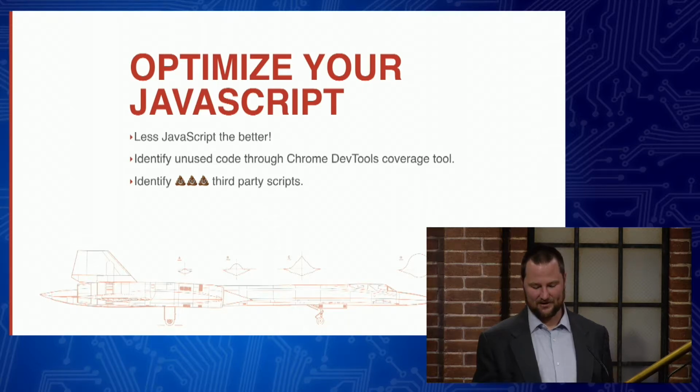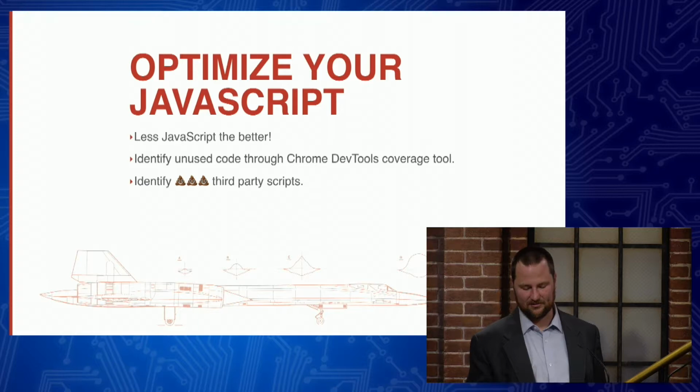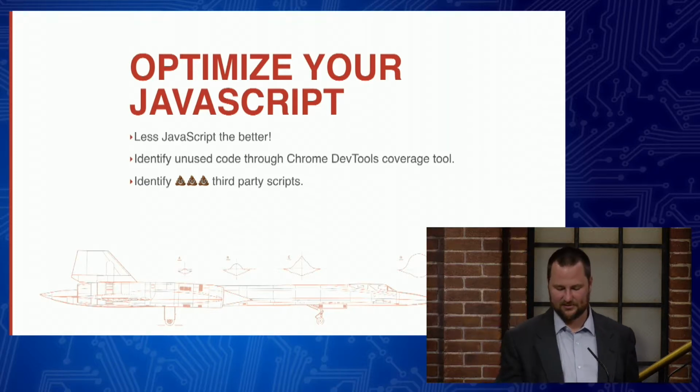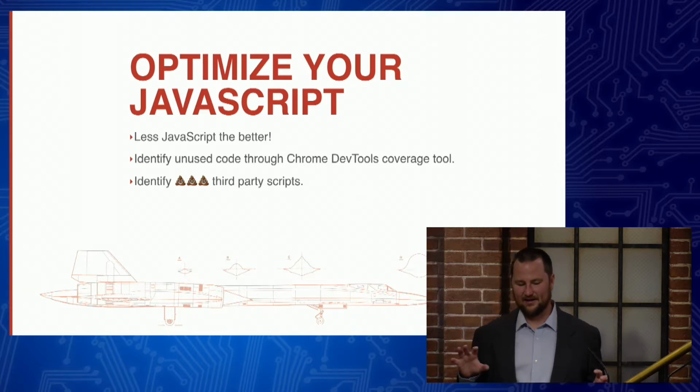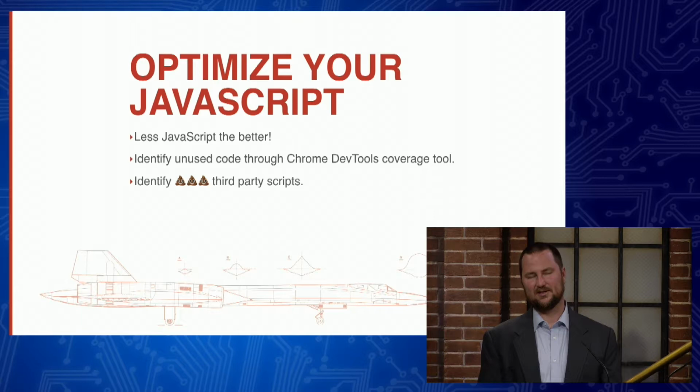Less JavaScript is better, and you want to identify unused code through the Chrome DevTools coverage tools, and identify bad third-party scripts that get in there and do things. I've also seen various websites load multiple versions of jQuery.